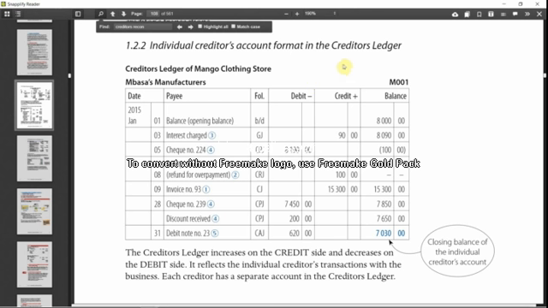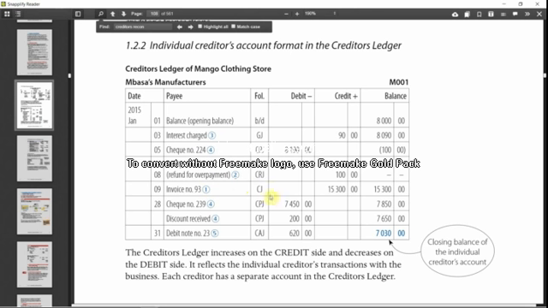If we look at the structure of the creditor's ledger, we have a debit and a credit column and then a running balance column total. We also have to indicate, other than the dates, the details, which usually refer to the source documents to a great extent.